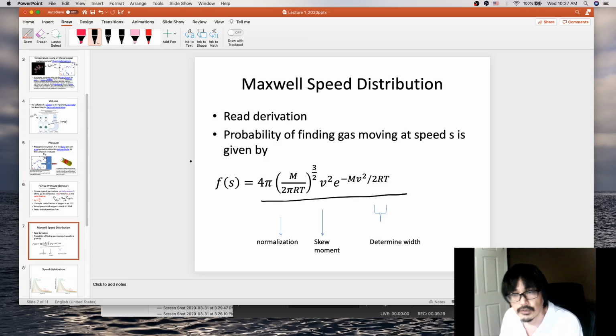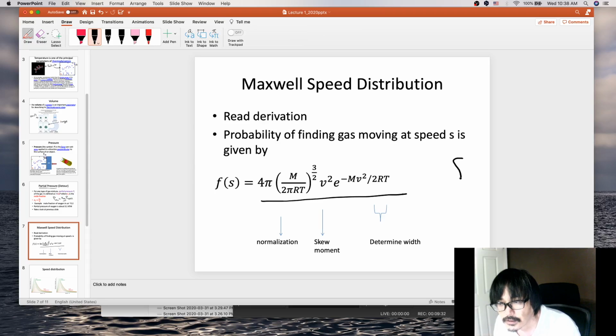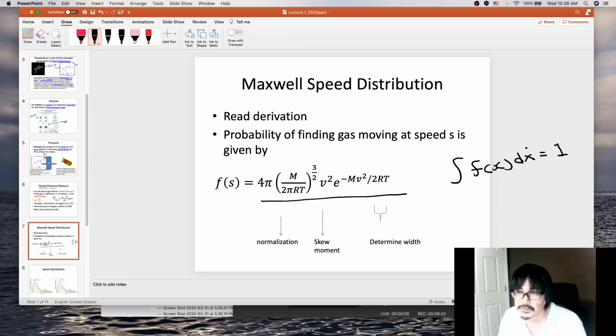So what is the distribution? It is a little bit difficult for me to explain these things, and I'm just too lazy to write out the whole thing here. But if I integrate f of x dx, it has to end up with an area of 1. Then we call that f of x a distribution.